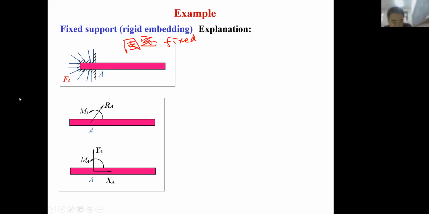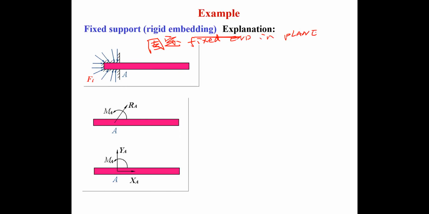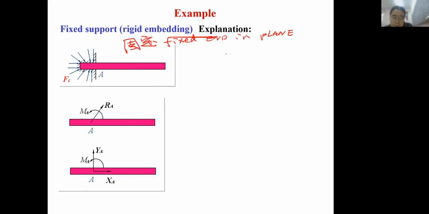Do you still remember, this is a fixed end in plane, right? Because we have a conclusion: a free body on a plane has three freedoms. That means maybe it can move along the x direction, maybe along the y direction, and it can also rotate around some axis perpendicular to this plane.